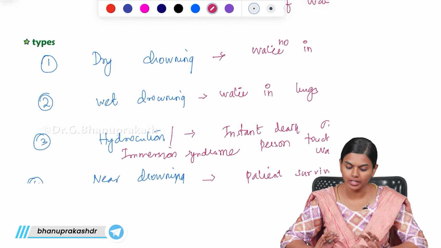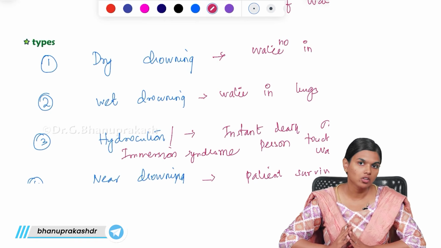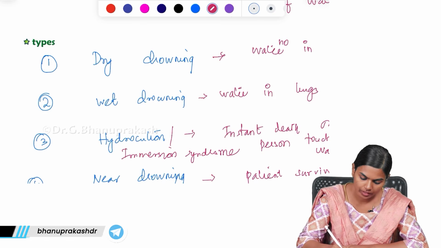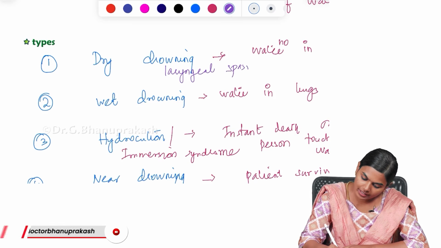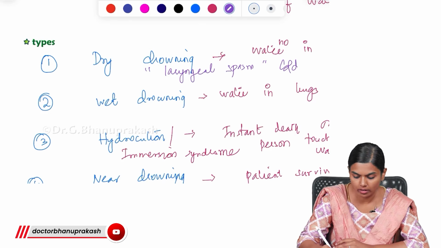In dry drowning, there will be no water in the lungs, but the person has died because of drowning. When can this scenario occur? First is laryngeal spasm, which happens when there is cold water.